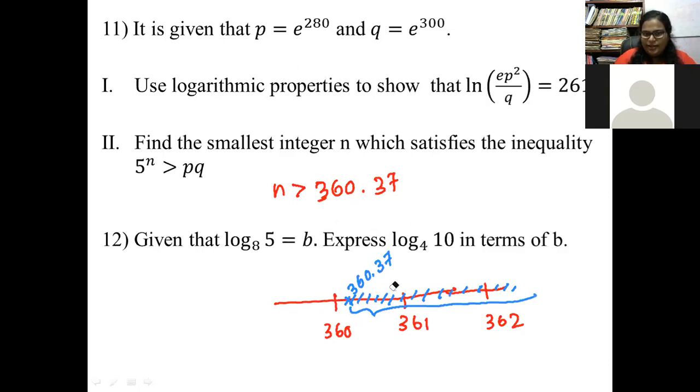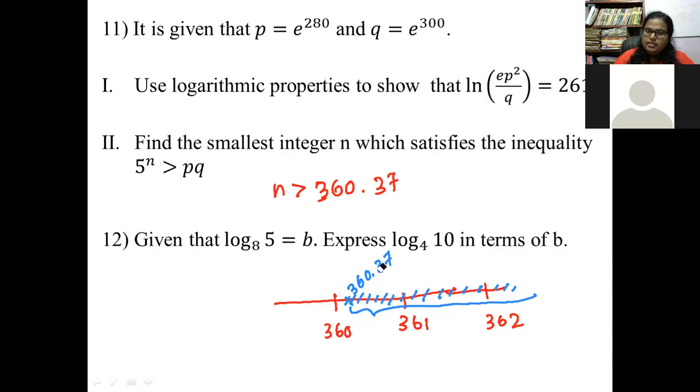361, right? We solved our inequality and the answer we get is 360.37. So in blue color you can see this is the point here, 360.37. It should be on the right hand side of this 360. So by the inequality, the n value should be greater than 360.37.